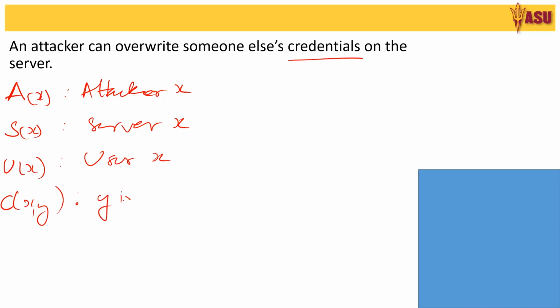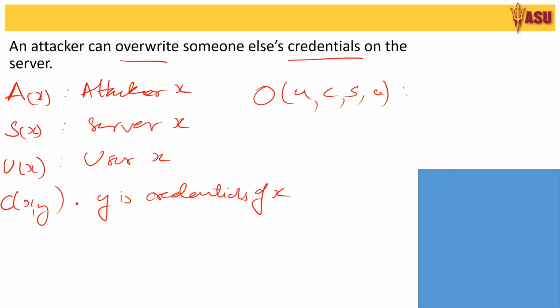We are also talking about overrides. Let's call that the function O. What does this take? It has a user, the user credentials, and server, and override done by an attacker.